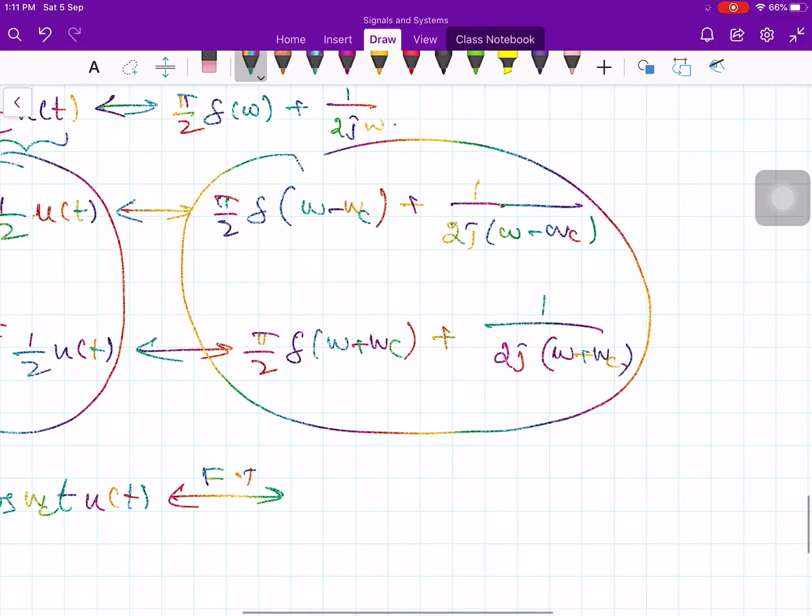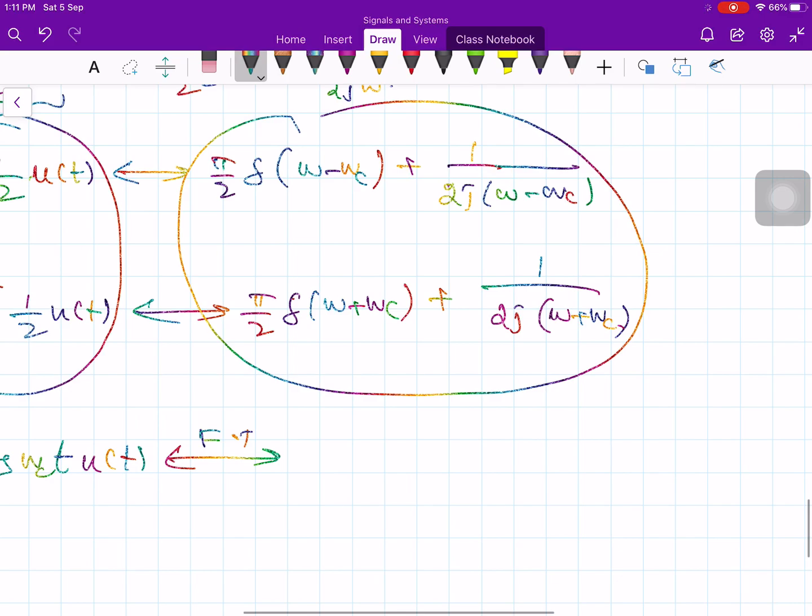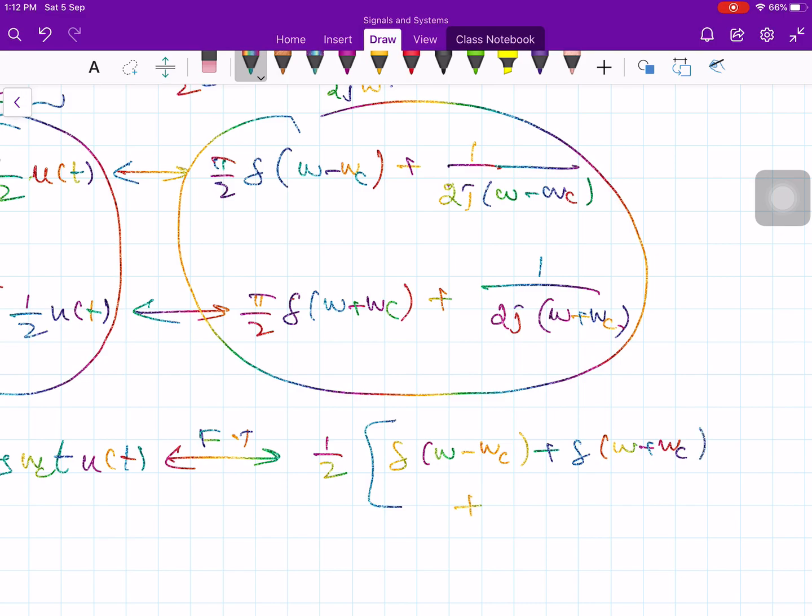So therefore this is going to be, you can take this pi as common, and maybe 1 by 2 is common, you can bring it outside. Then del of omega minus omega c plus del of omega plus omega c, plus 1 over j times omega minus omega c, plus 1 over j times omega plus omega c. These all 4 terms.